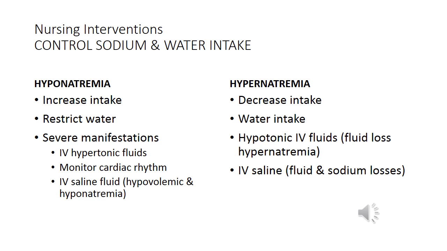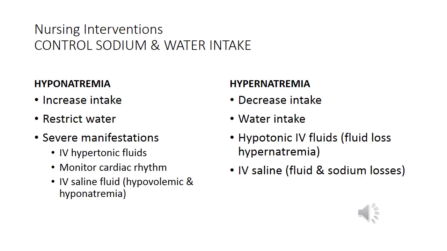Monitor the cardiac rhythm of the patients receiving hypertonic IV saline solutions. Delay achieving a normal sodium level or hypernatremia for the first 48 hours. Treat hypovolemic hyponatremia with IV normal saline solution as ordered to restore both sodium and fluid volume.